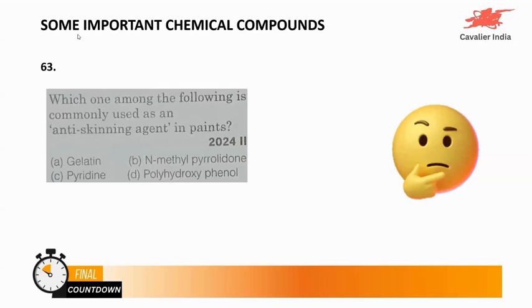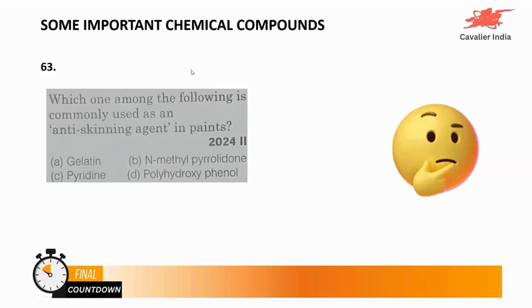Anti-skinning agent. What do you mean by anti-skinning agent? Any idea? Which is the anti-skinning agent in paint? Anti-skinning agents are additives which are used to prevent a hard skin or dried layer from forming on the top of liquid paint. Okay.